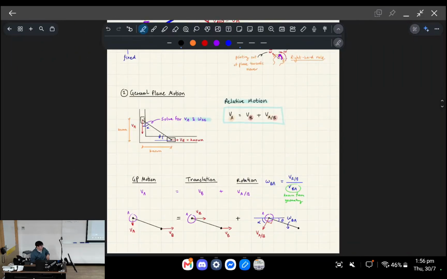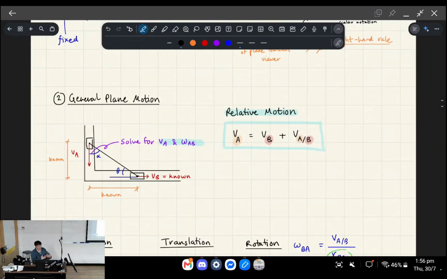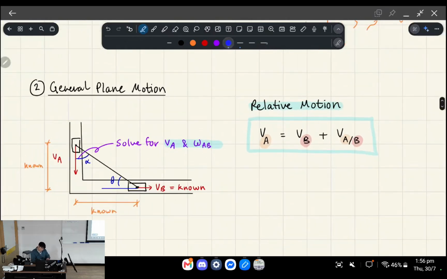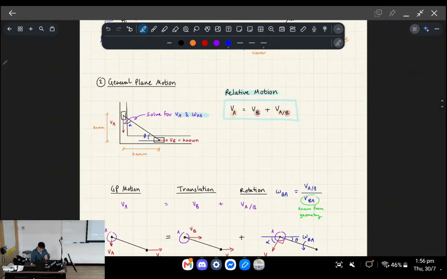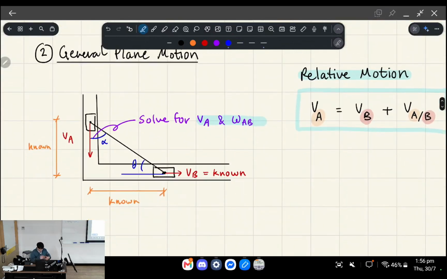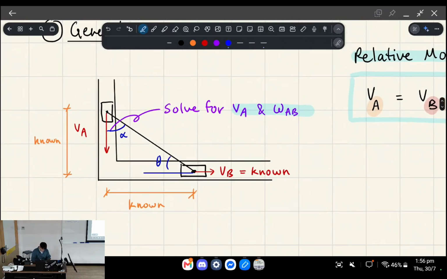I want you guys to understand general plane motion. General plane motion, as I mentioned before, is translation and rotation combined. I want you to focus on the physics, not the maths at the moment. The best thing I can do is draw a little animation you can visualize.